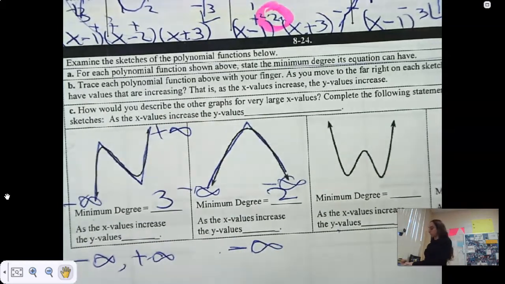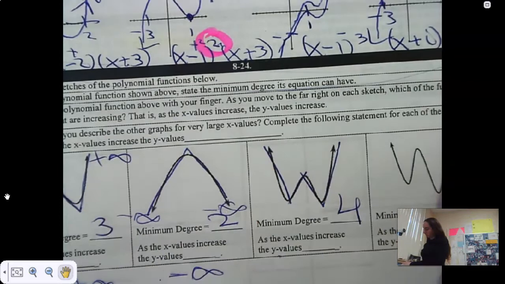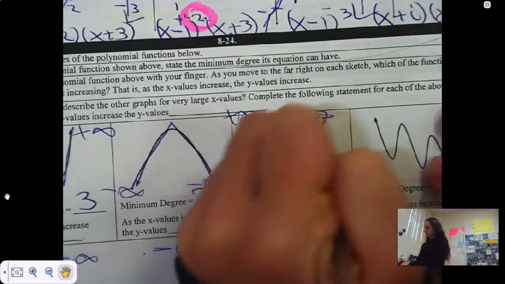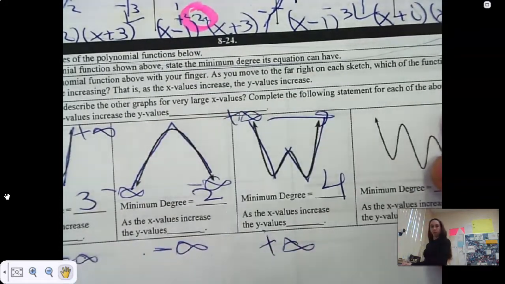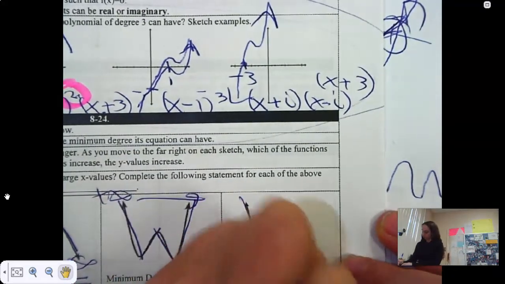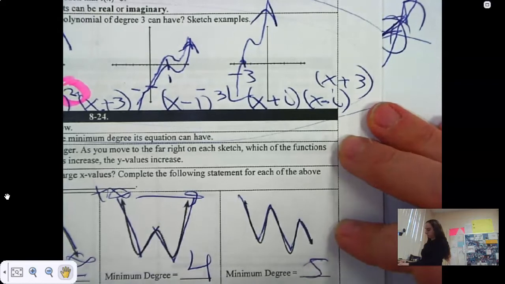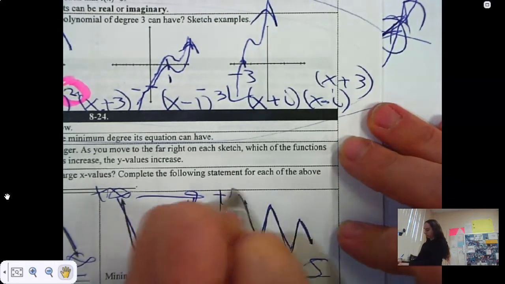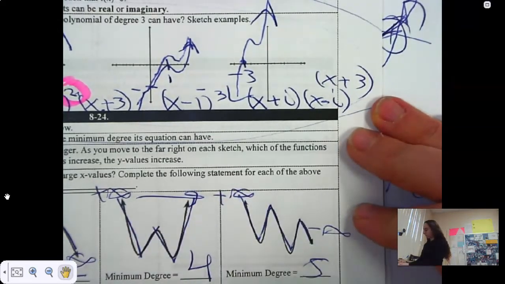Okay. This one, 1, 2, 3, 4. Positive infinity, so positive infinity. And then this one over here, 1, 2, 3, 4, 5. So fifth power, that's positive infinity, and that's negative infinity.